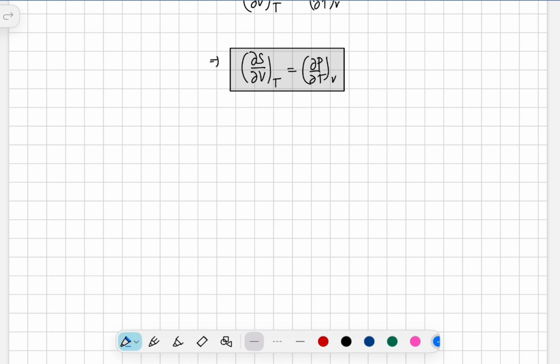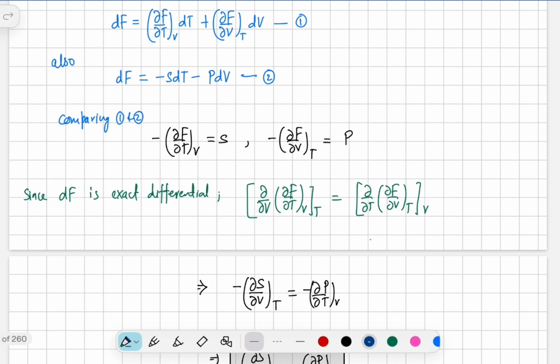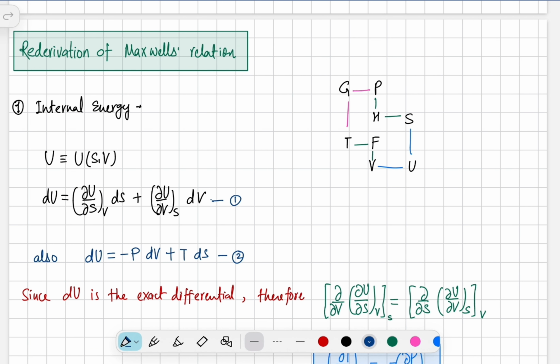So let's do the third one, enthalpy. You do the Gibbs free energy, okay? So what are the natural variables? I don't remember, because I just remember the mnemonics. Let's go to the mnemonics.